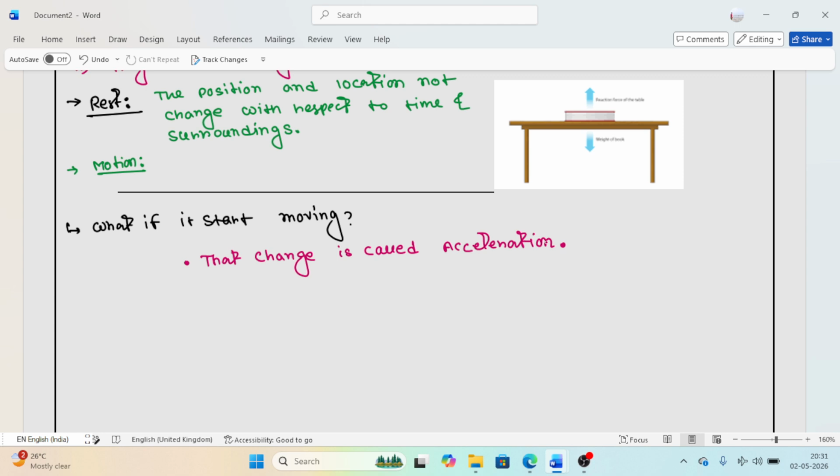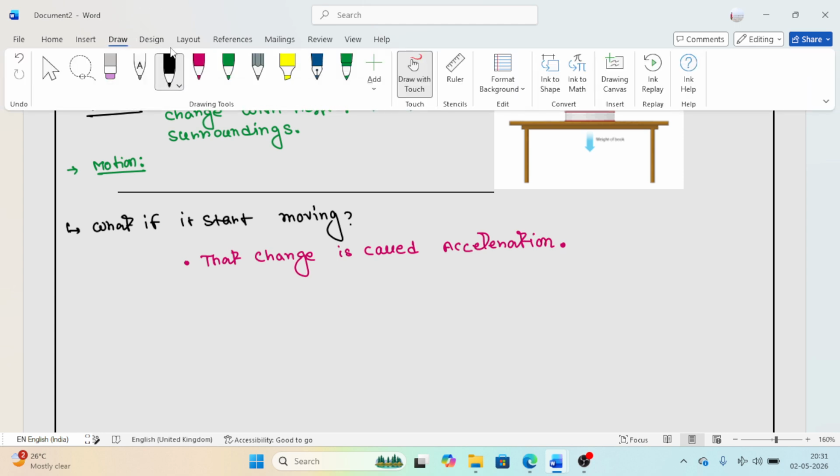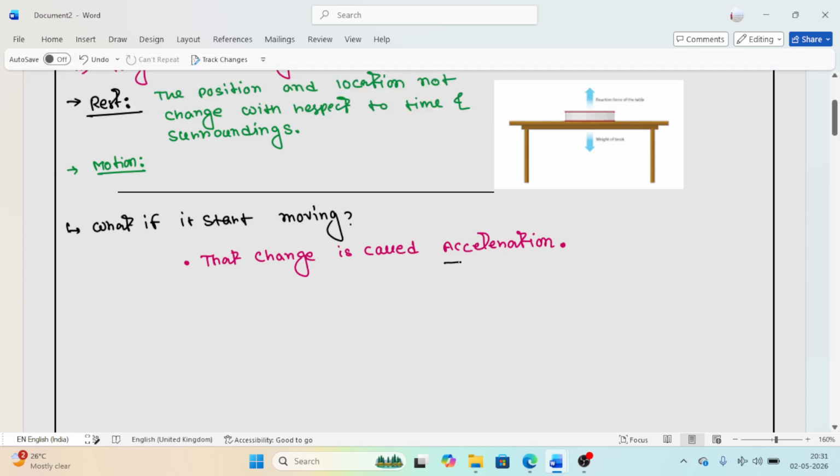Most people think acceleration only means going faster. But in science, it actually means any change. Now the question comes to your mind, what is the actual meaning of any change?